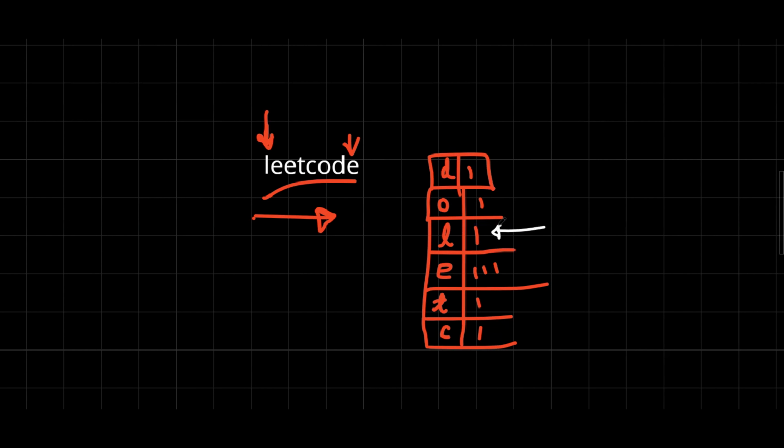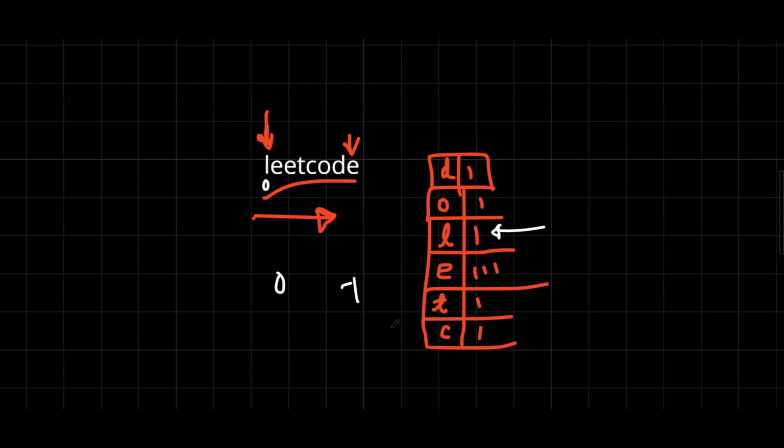That means L is the first non-repeating character of this string. So here we have to return 0, because the index number of L is 0. Otherwise, we simply return -1 if we do not find any non-repeating character.